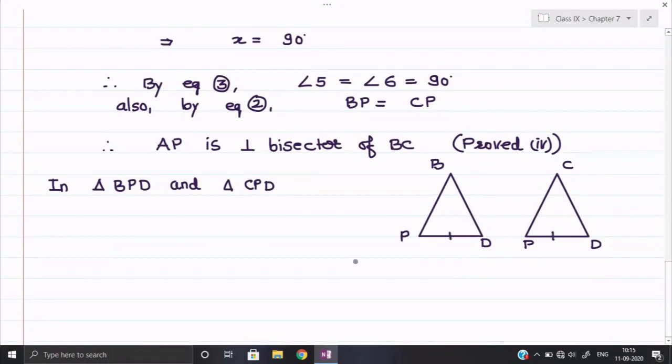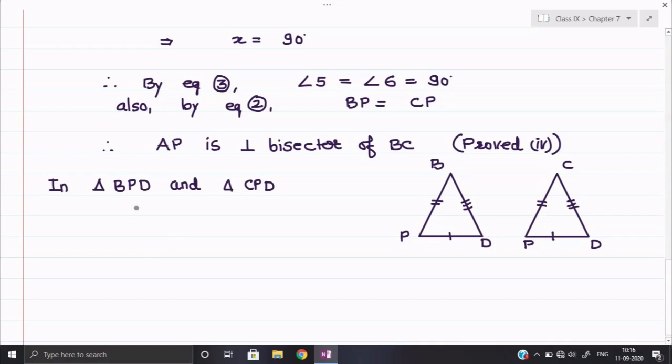Since we have shown in the equation number 2 BP and CP are equal, that is also we have shown. BD and CD are given equal, that is also given equal in the question. So BD and CD are equal, right? However, you can take the help of angle 5 and angle 6 also. So in that case, side angle side will be applicable. But this is more convenient, I think so.